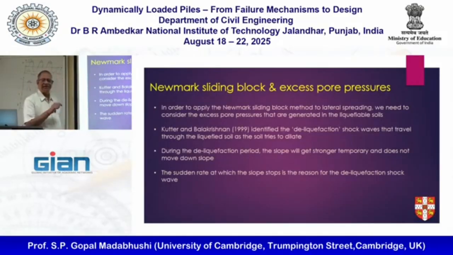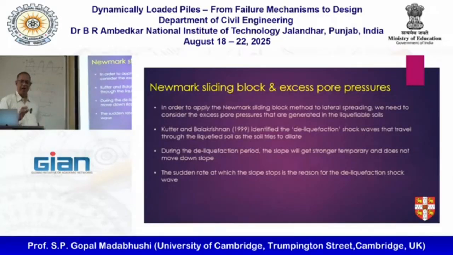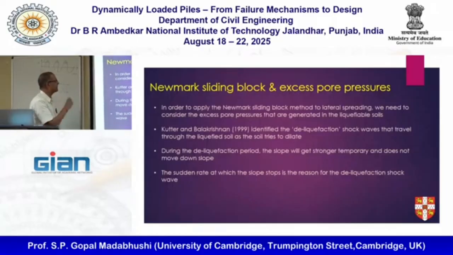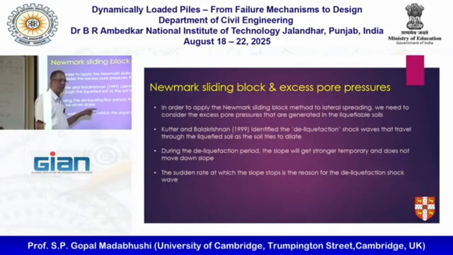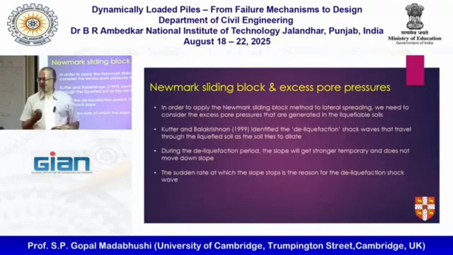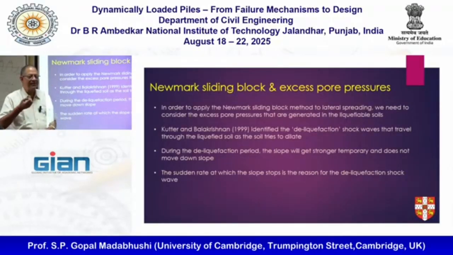Anyhow, for liquefaction problems, we don't have this kind of sliding block alone. When you are having this lateral spreading, it's really the excess pore pressure that is killing the strength. Once I have excess pore pressure, my effective stress comes down, which means my threshold acceleration to cause sliding is decreasing, right?